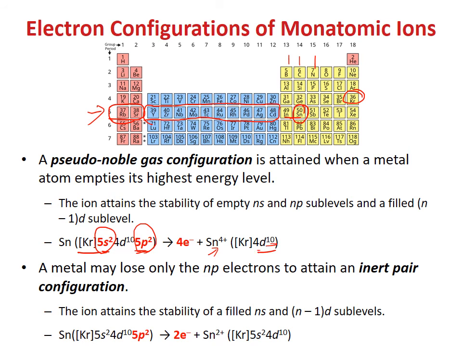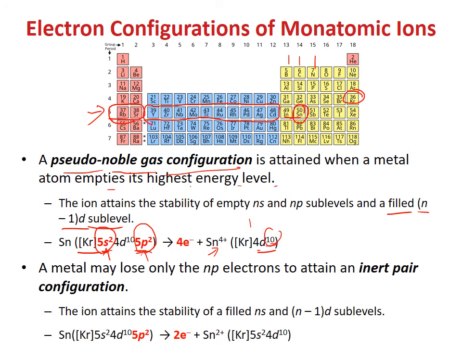And this is called a pseudo noble gas configuration. It's attained when a metal empties its highest energy level, which in this case is 5s 5p. So the result is a filled (n-1)d orbital, which is 10 electrons.